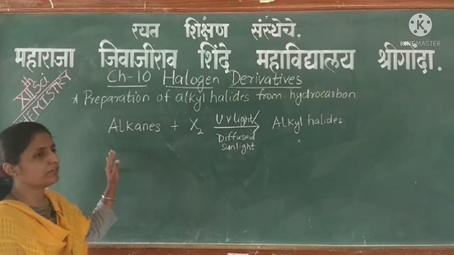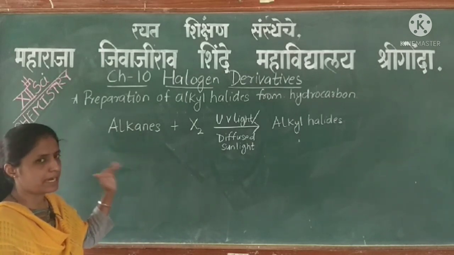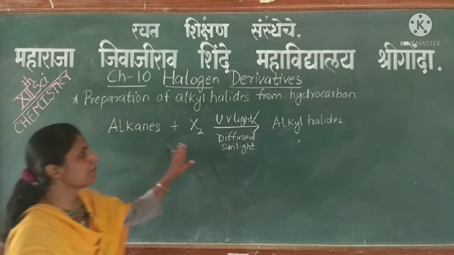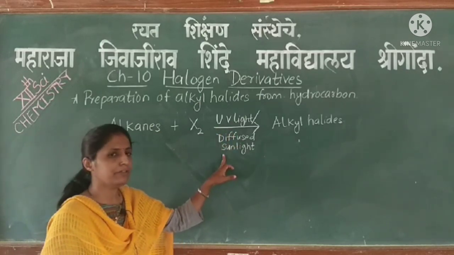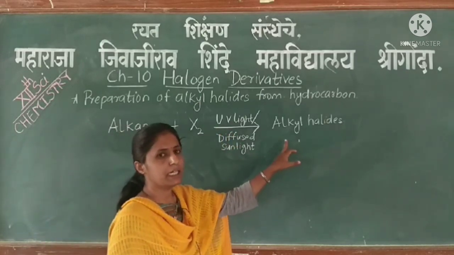We have studied in the previous standard that alkanes react with halogens in presence of UV light or diffuse sunlight to give you alkyl halides.